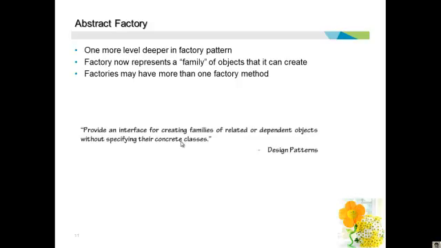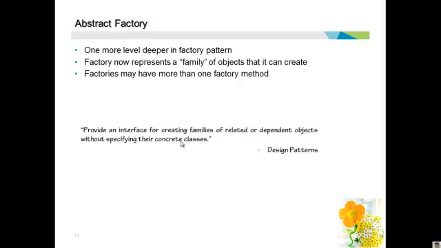But here now, interestingly, you can have more than one factory method. As I mentioned, in case of a Maruti car factory, you might have three different factory methods: one for create sports car, one for create economy car, and one for maybe some other type of car.